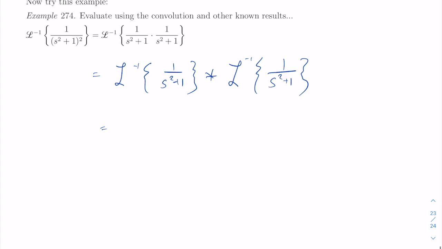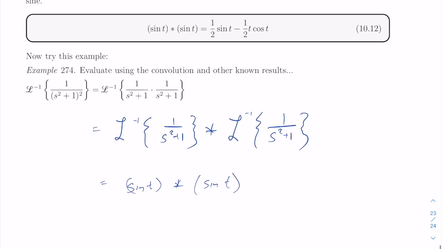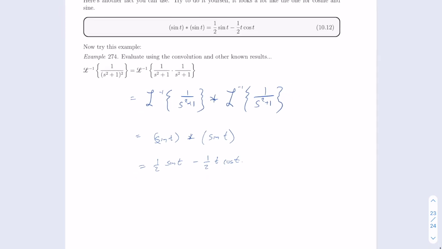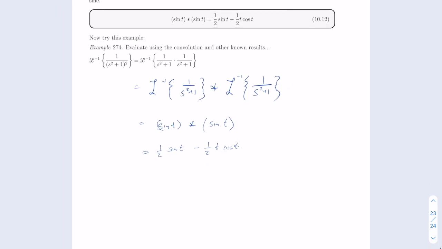And this one is sine t, convolution with sine t, which I'll just copy down. 1/2 sine t minus 1/2 t cos t. Very good.